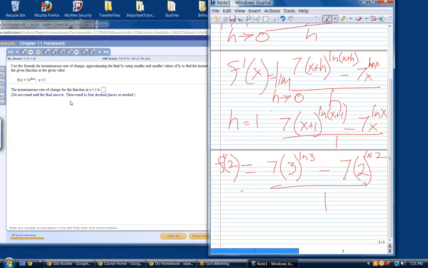Go ahead and give it to me to 4 decimal places, because what we're doing is approximating what this is going to do. We're going to then solve it for h equal 0.5, and then for h equal 0.1, and see what number we're approaching. That's basically what you do when you take the limit of something as h goes to 0. Okay, so I got 17.0358. That's when h is equal to 1.